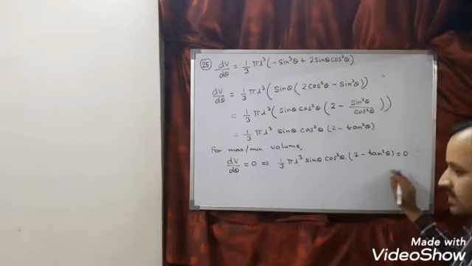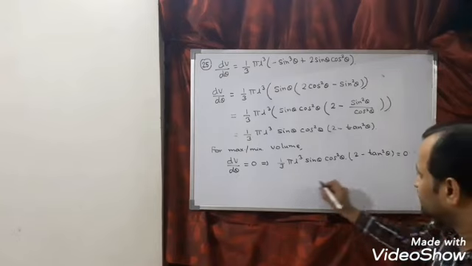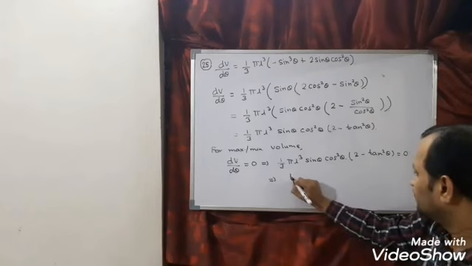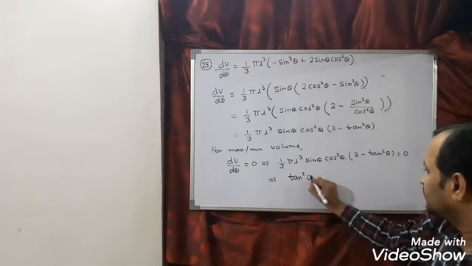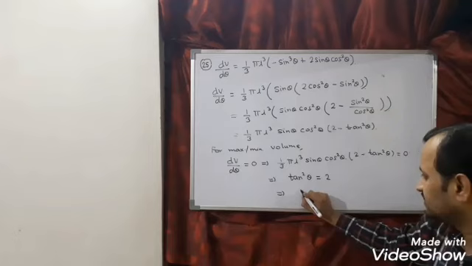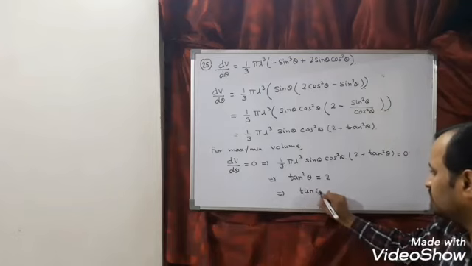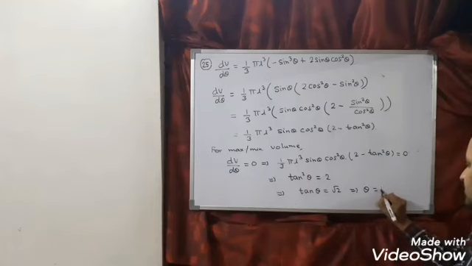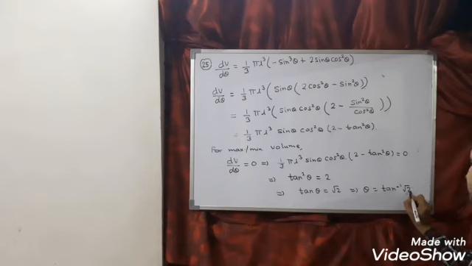So when these terms will go to other side, it will become 0. Finally what you will get is tan square theta is equal to 2, or this we can write as tan theta is equal to root 2, or from this we can say theta is nothing but tan inverse root 2.